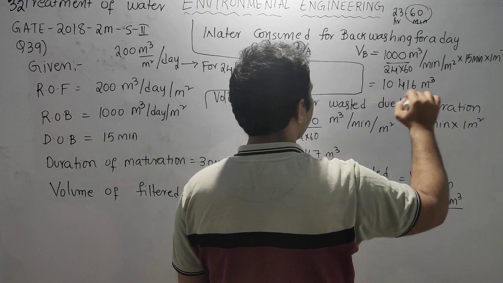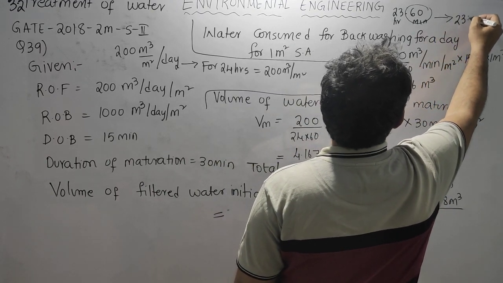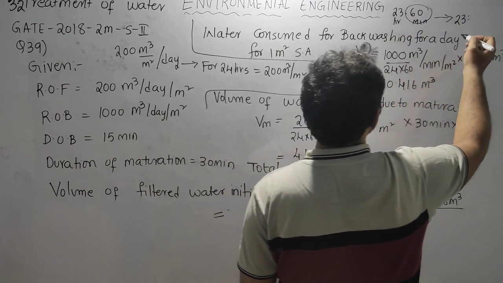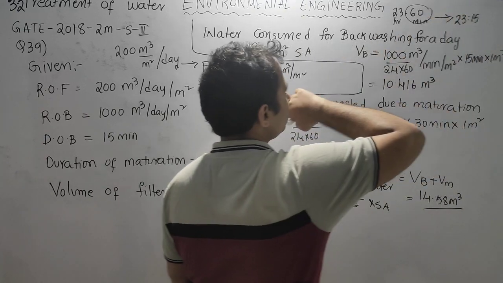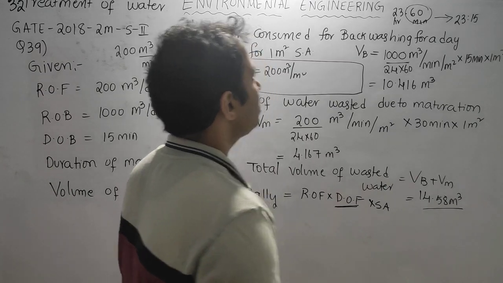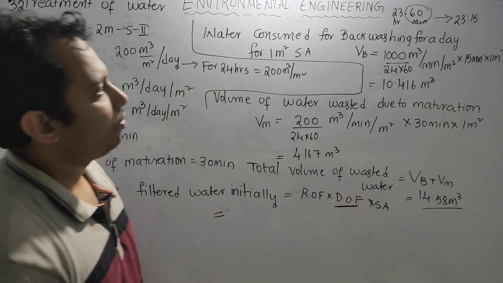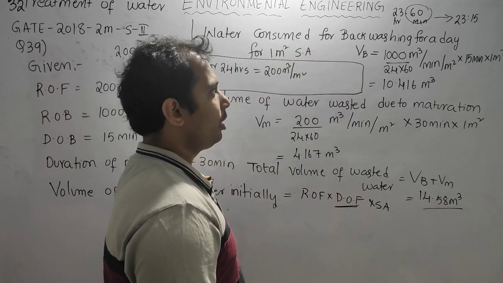So exactly the filter is working for 23 hours, 60 minus 45, that is 15 minutes. 23 hours, 15 minutes filter is working.